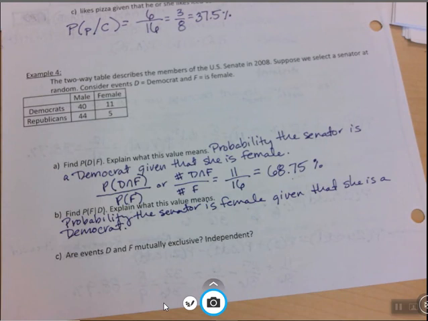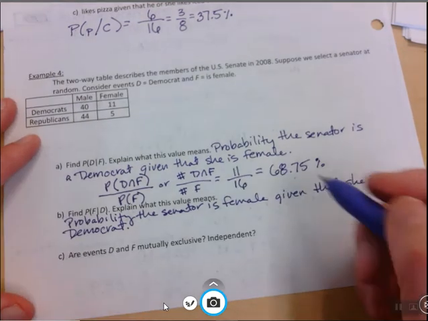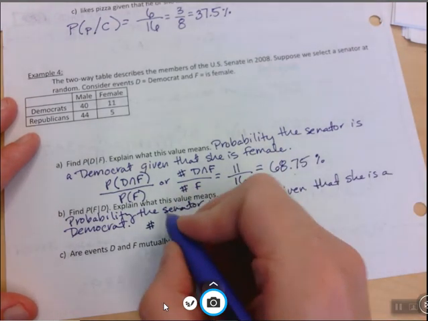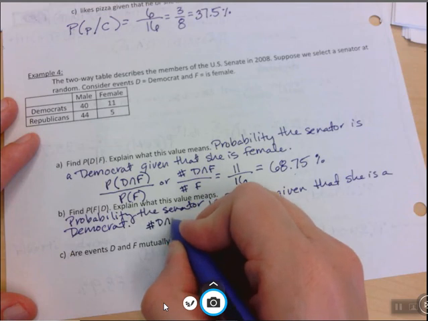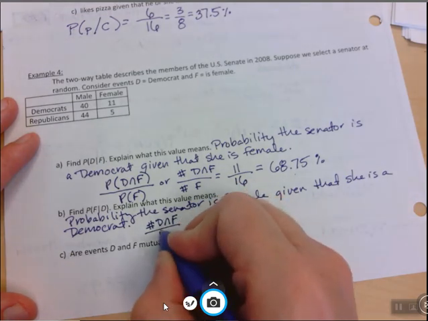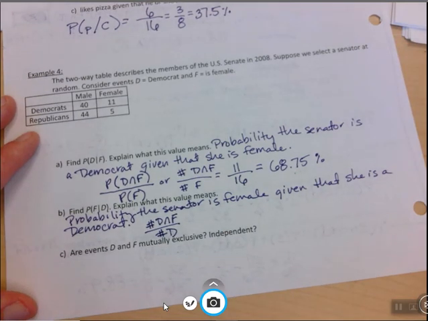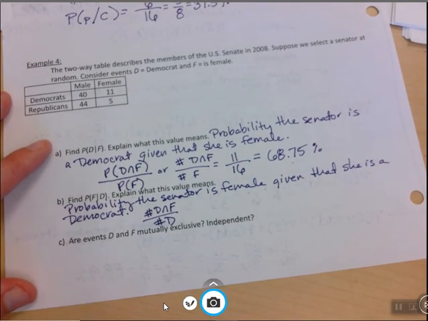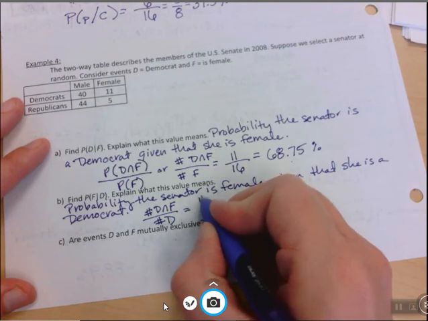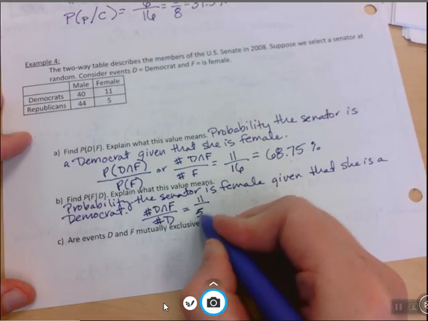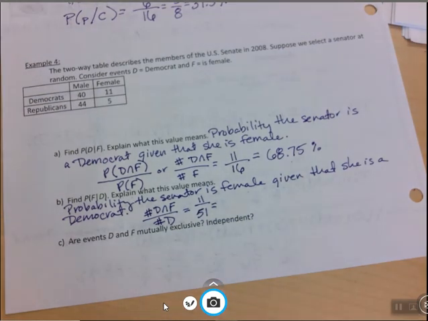I heard both answers. Talk to your group about what stays the same. Alright, what stayed the same? The numerator stayed the same because we still want the intersection of the two groups, so it's still 11. But this time we're dividing by the number of Democrats, which is 51 in 2008.